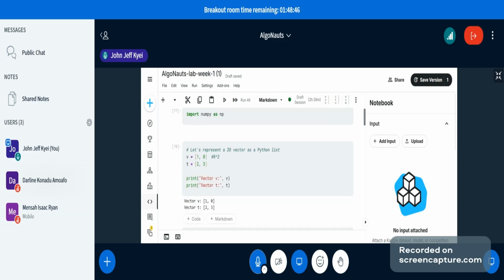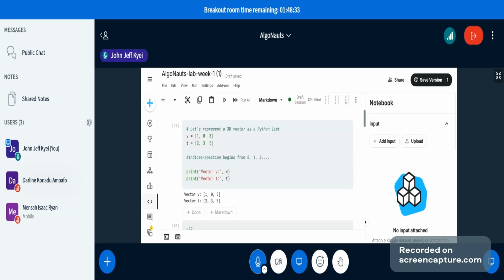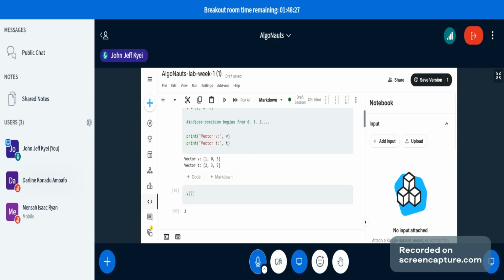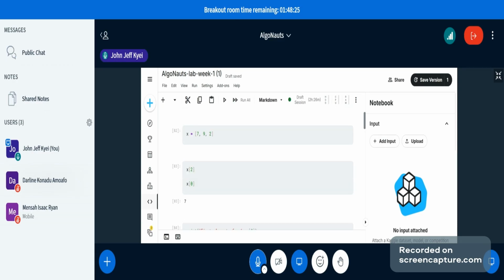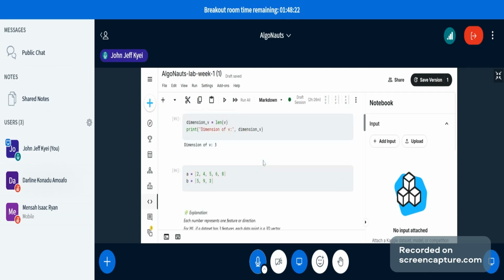Last week we mainly used NumPy, but this one represents the vectors as a list, and it's almost the same thing. I also explained that the counting starts from 0, 1, and 2. So it's almost the same thing.